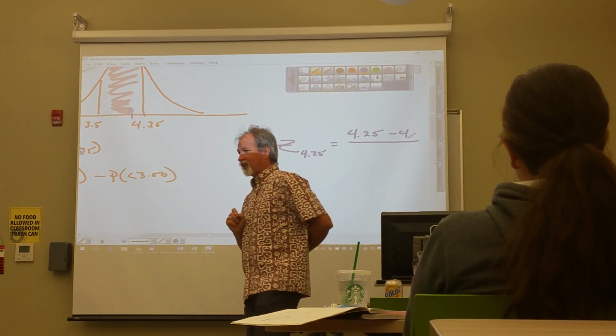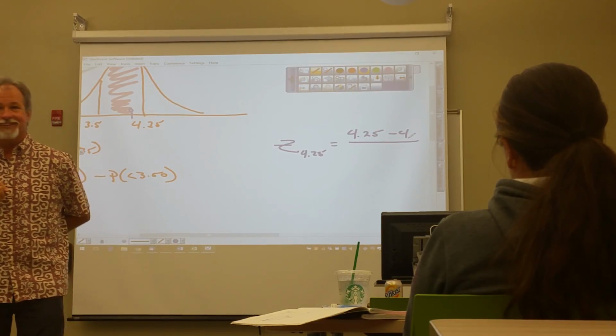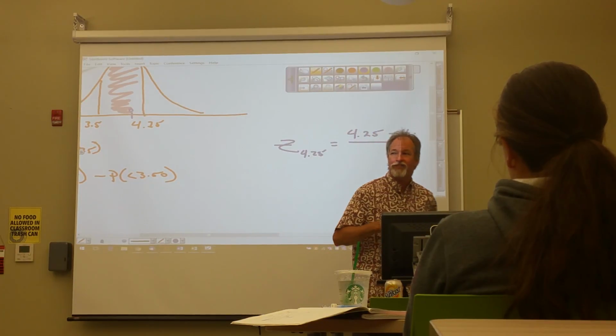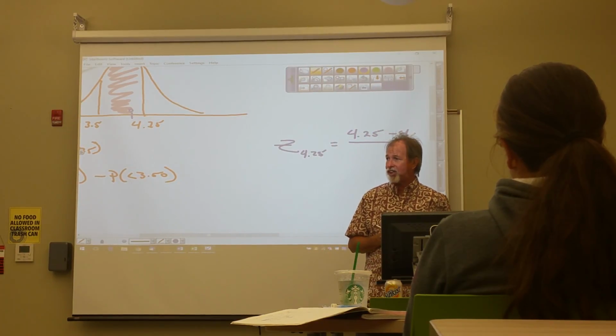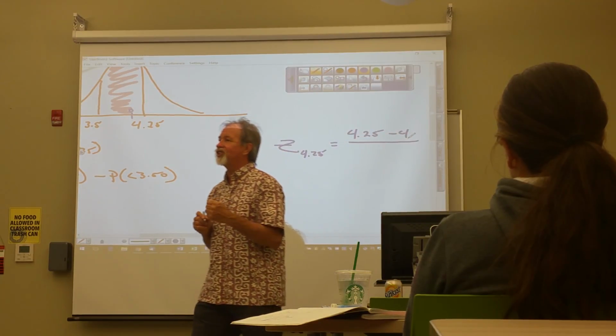Where does 0.3 come from? We always have to divide by some form of standard deviation. Now this is where it gets tricky.